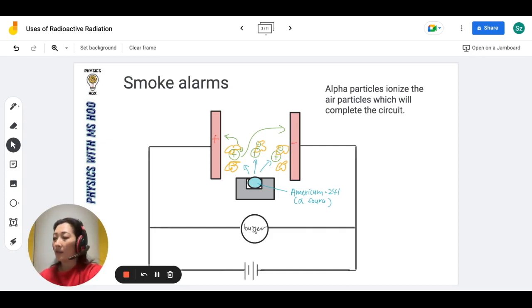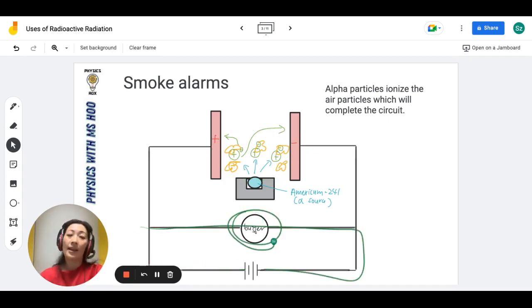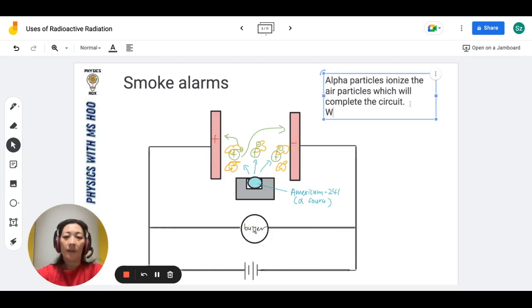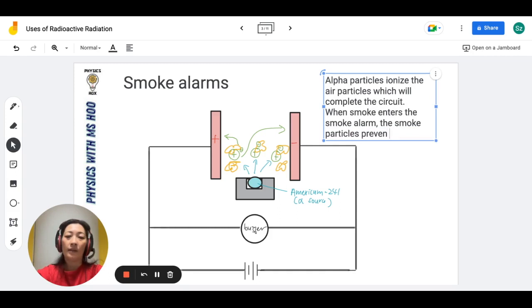So when the circuit is no longer complete, the current will flow through the buzzer and the buzzer will make a sound. And that's how the smoke alarm works. So when smoke enters the smoke alarm, the smoke particles prevent the ions from completing the circuit.